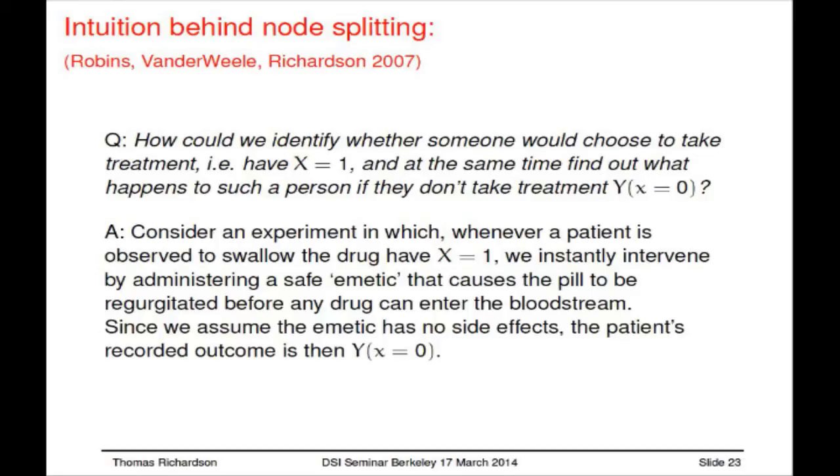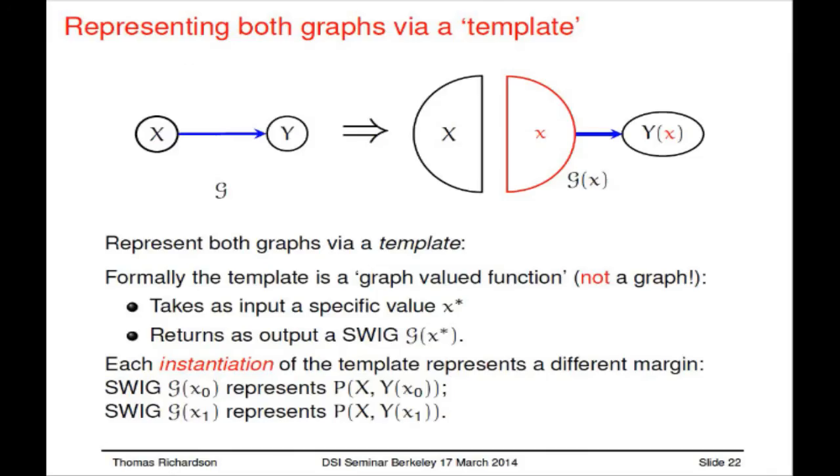It's not that anyone would actually propose doing this experiment, but conceptually, this is the thought experiment corresponding to what we're doing in the graph where we do this slicing. You can think about the cut here as the cut that's going on when we observe the value of x and then intervene and find out what happens downstream, y of x equals 0.